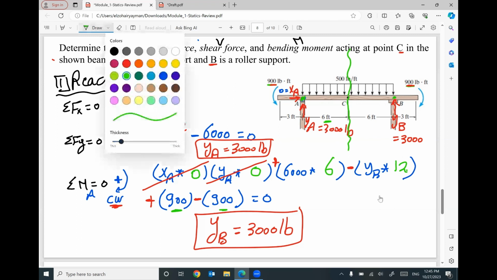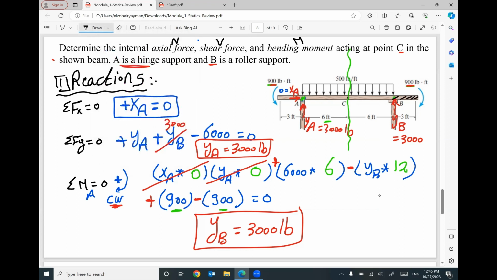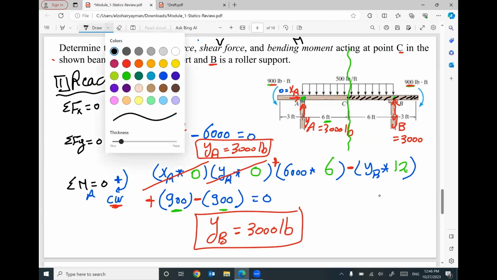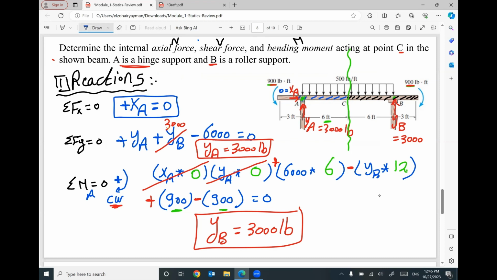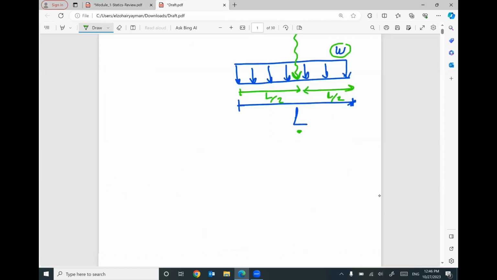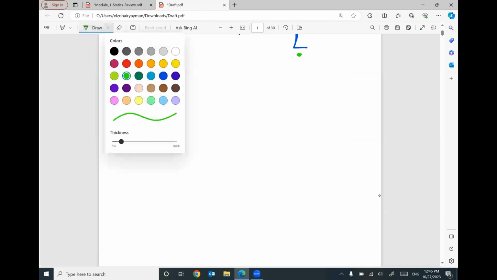This cut will divide your beam into 2 parts. The part on the right hand side, this one, or the part on the left hand side, this part. Which part I'm gonna use, it's up to you. I can use the right part or the left part. For me, I'm gonna use the right part. So this is step number 2.